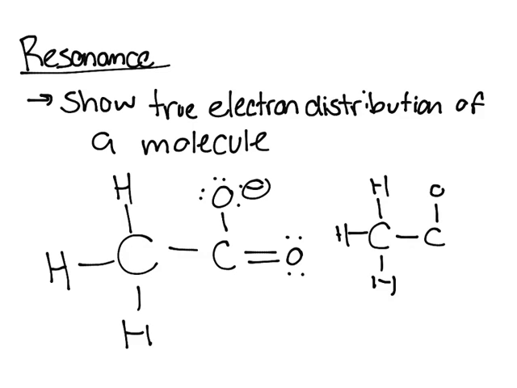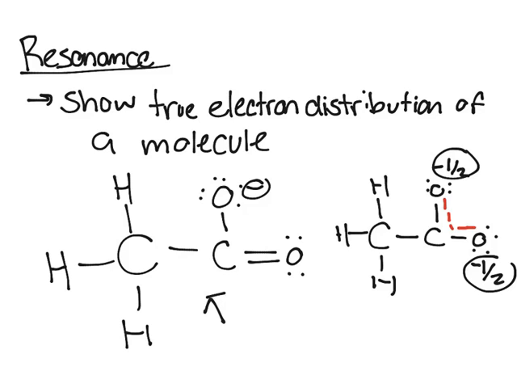So it will look something like this. C O O, and then now I'm going to use a dashed line to represent the electron distribution. And so you'll have 2 electrons there, 2 electrons there. And so what you end up with is a partial negative 1/2 on each of those oxygens. And so there are the 2 structures that this molecule could resonate between.